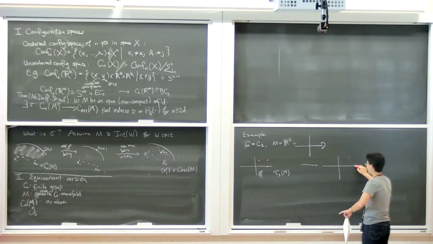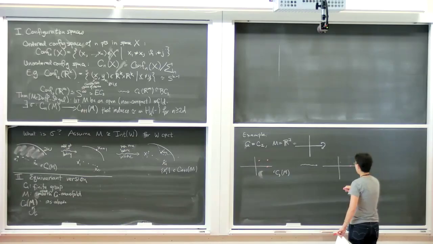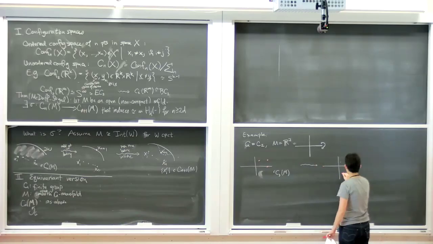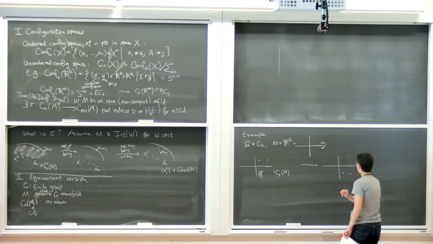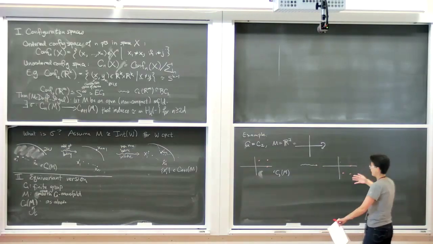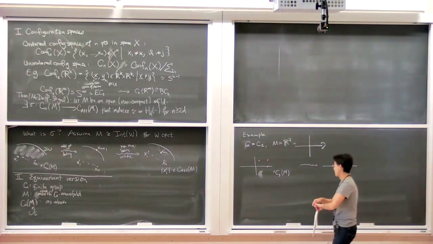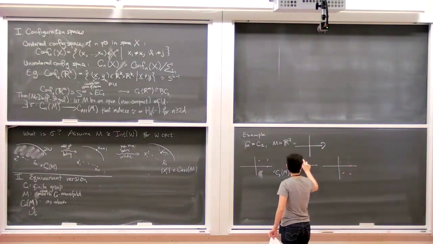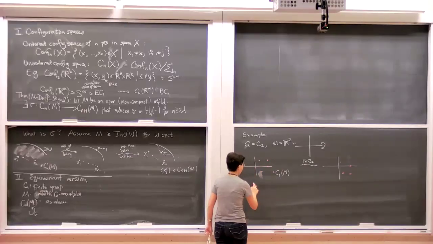If I apply the action to this, it's going to keep this point on the x-axis, and it's going to flip the other 2 points down here. So I start with one element of the space, I get a different element of that space. That's a G action. This is the action by the non-trivial element in C2.